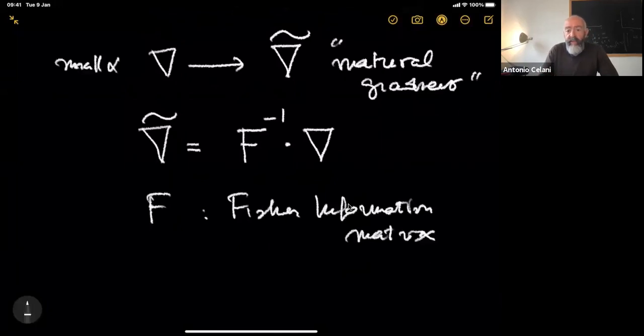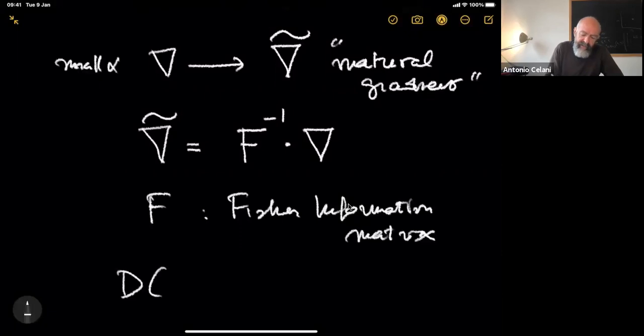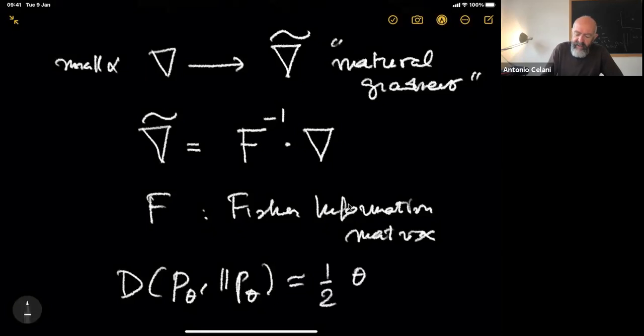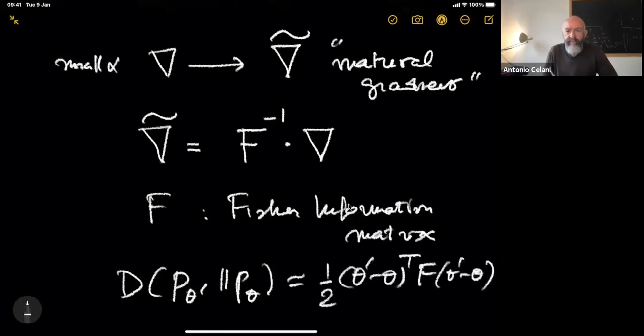Which is connected to the Kullback-Leibler divergence, because the Kullback-Leibler divergence between two probability distributions parameterized by two parameters, could be any probability distributions, when the parameters are close, is approximately 1/2 times (theta prime minus theta) transpose, Fisher matrix, (theta prime minus theta).